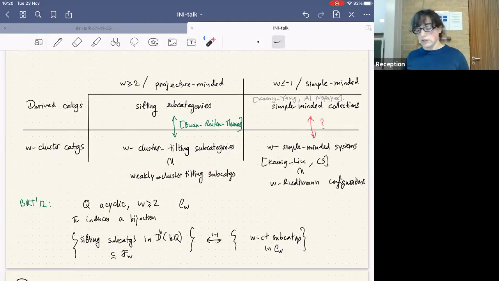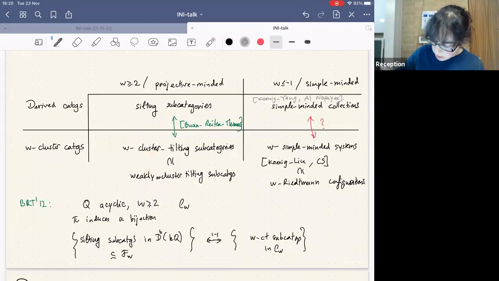The weakly W cluster tilting, functorially finiteness might not happen. Okay, so the difference here is functorially finiteness, but in our setting, these are actually equal, i.e. in the setting of Q cyclic and on the orbit categories.